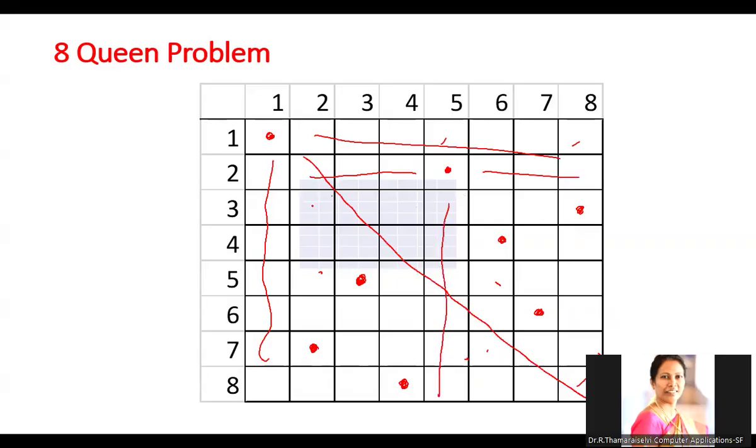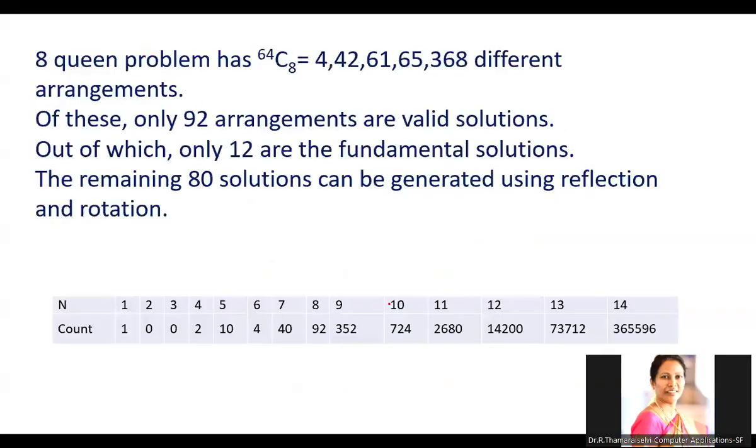For this fourth one, there is no queen in this row, no queen in this column, and no queen in this diagonal. And for the fourth one, there is no queen in this row. All queens are in safe positions. So this is how the backtracking is working.